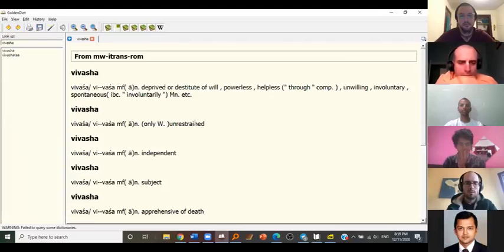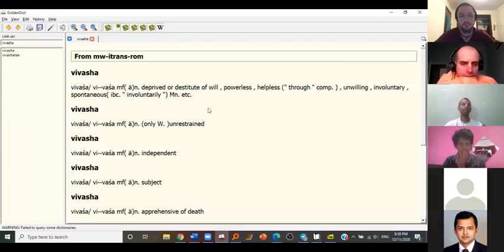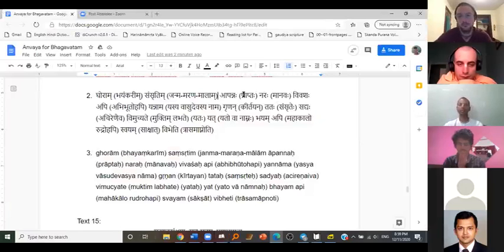He doesn't have his own charge upon the situation or upon himself. Because when someone is in the ocean, however powerful he might be, he doesn't have any charge over that particular situation or the things around him. Similarly, the nara who has obtained this ghoram samsritim is vivasha.